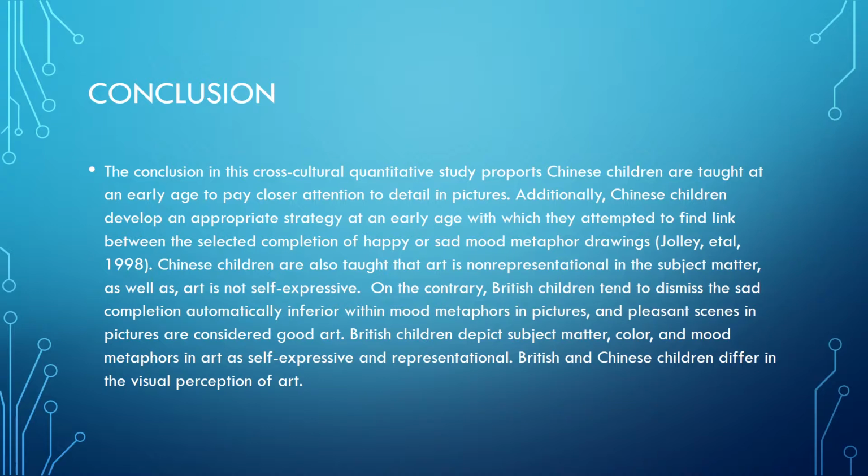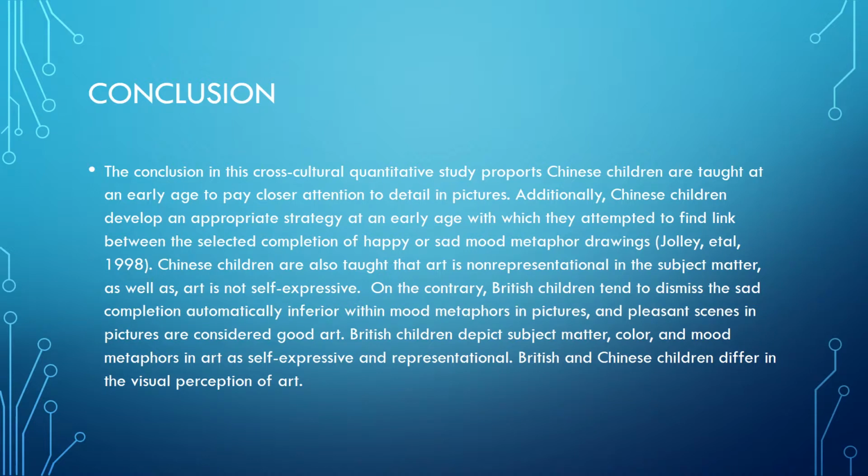When the British children were given the picture of the dying tree that I mentioned earlier in the sample selection, their thought process meant that it was always a sad picture, so it is bad. However, we know that once summer comes around, the tree will eventually grow and bloom and become a beautiful picture.